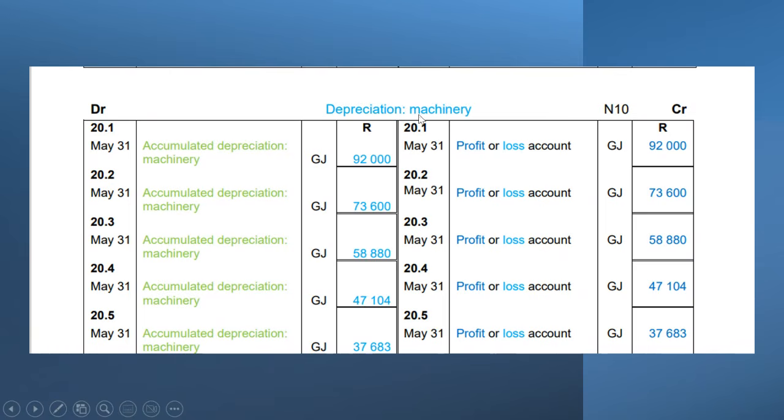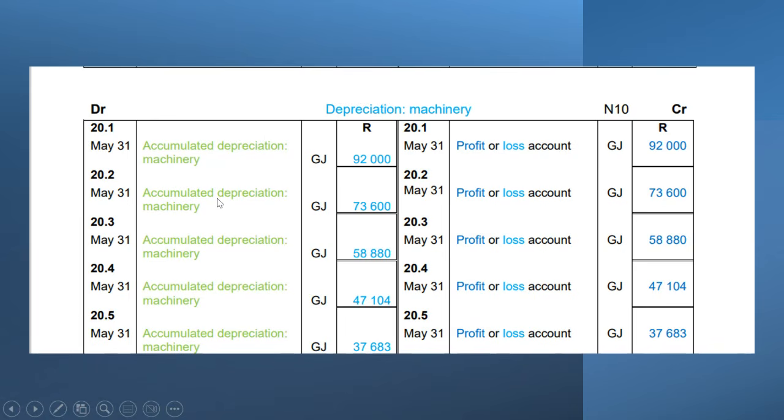That's why you will see that depreciation is debited by 92,000 rand because we credited what? The accumulated depreciation, that's the description you're going to write here. Then for year 1, you need to close off that 92,000 to where? To your profit or loss account. To close off the depreciation account, it means just credit it so that it's zeroed out. Both sides are balanced. Both sides are equal to 92,000 rand, so that you won't have any balance carried down or any balance brought down.